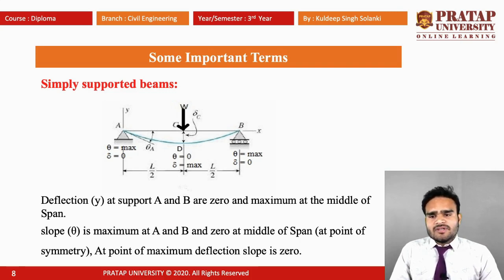And we know the deflection at A is 0 because supports are available at A and B, so the deflection is 0.